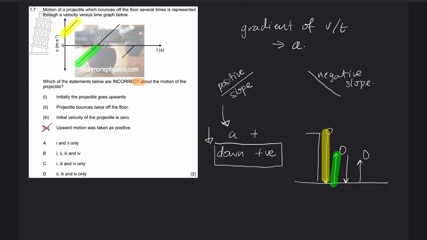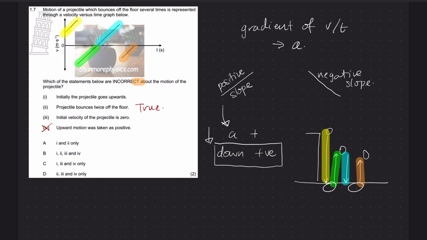Then you have the object going back down, increasing velocity, so this region here. And then going back up again, negative direction there. So we can see quite clearly that it's bouncing twice. It hits the ground here, and it hits the ground there. So that's the first bounce, that's the second bounce. So we know 2 is true.